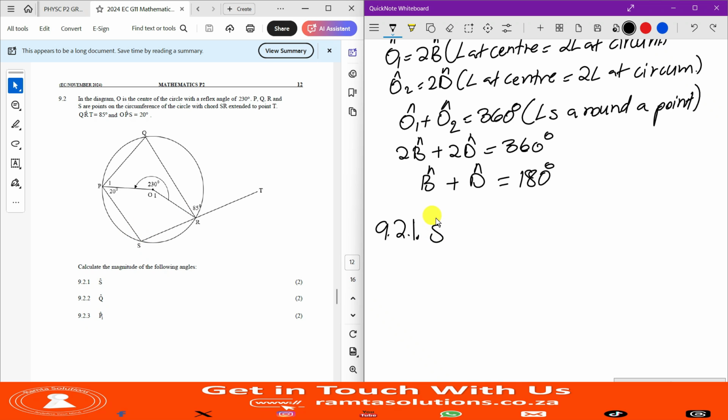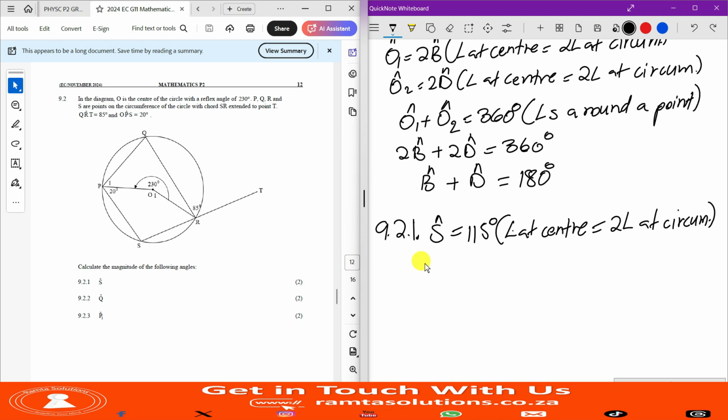So angle S must be half of the reflex angle, which is half of 230, which is 115 degrees. Reason: angle at center is equal to 2 times angle at circumference.